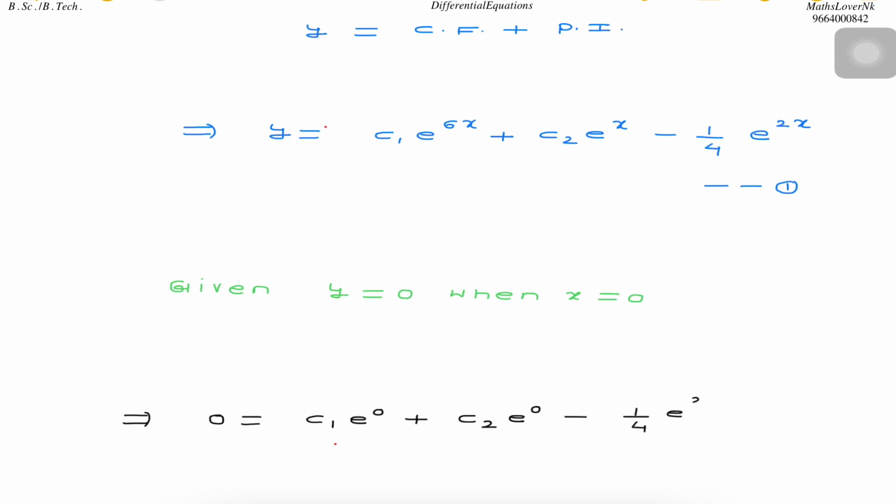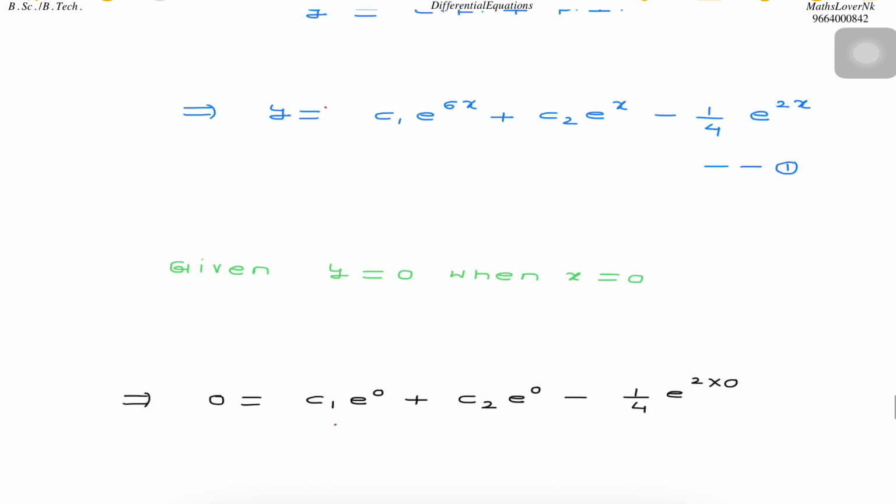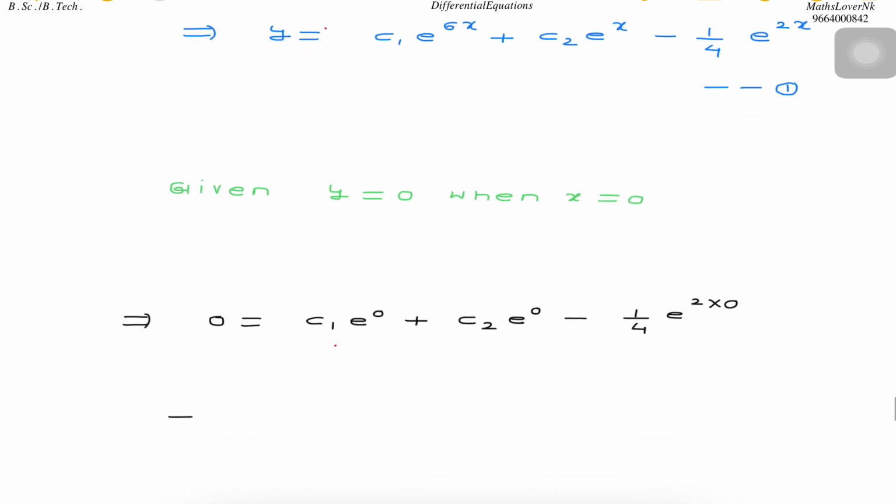It becomes 0 is equal to C1 plus C2 minus 1 upon 4.